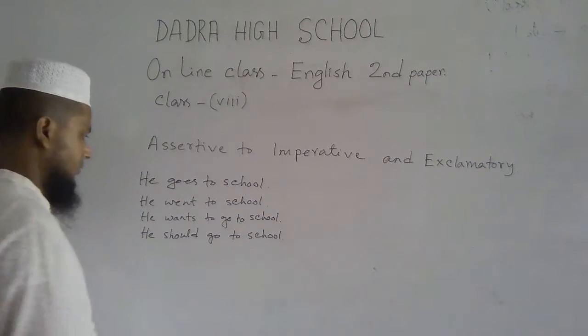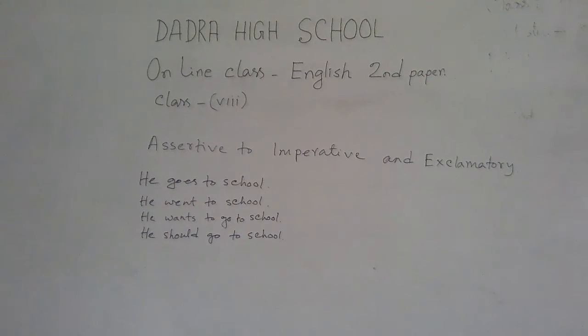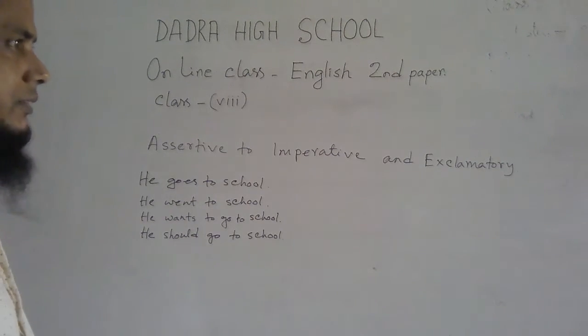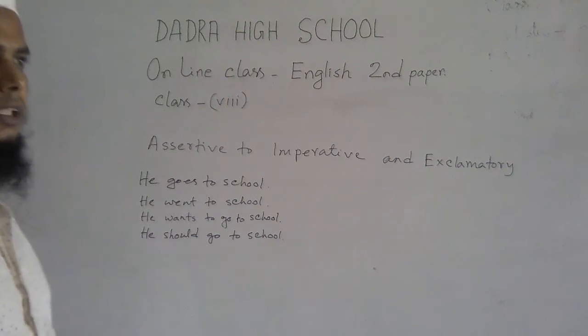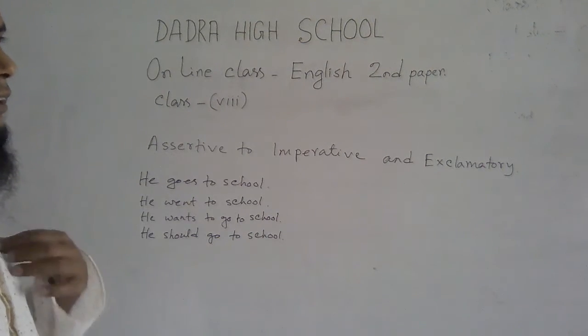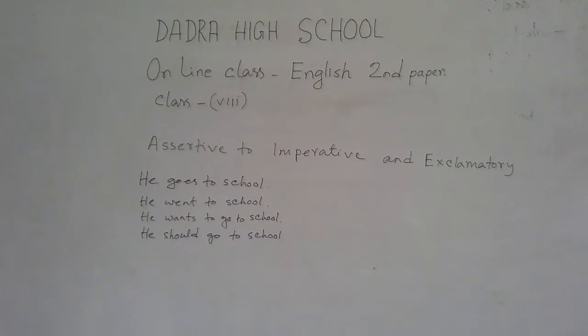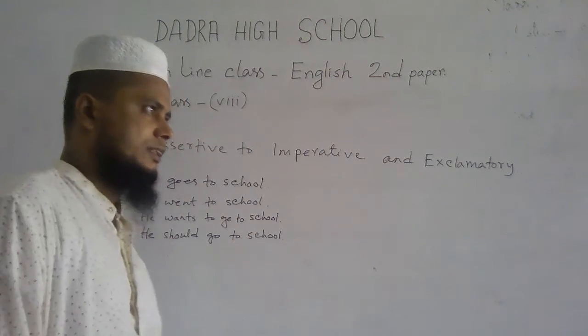He goes to school, he went to school, he wants to go to school, he should go to school. These are assertive sentences. If you want to make "He goes to school" imperative, firstly think about the subject, that means which person is the subject in the assertive sentence.